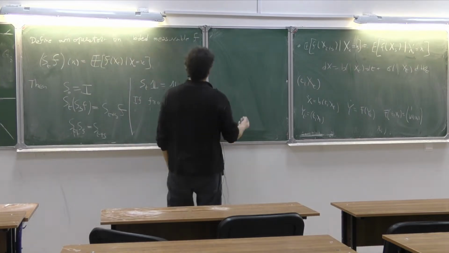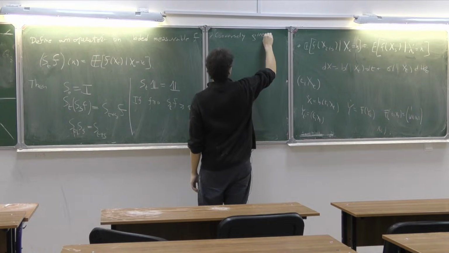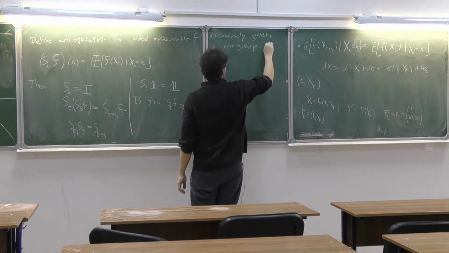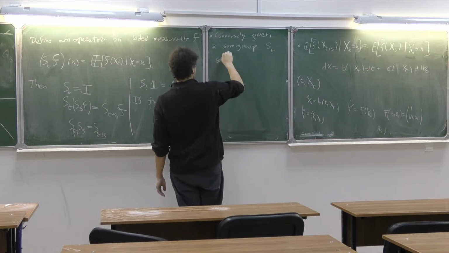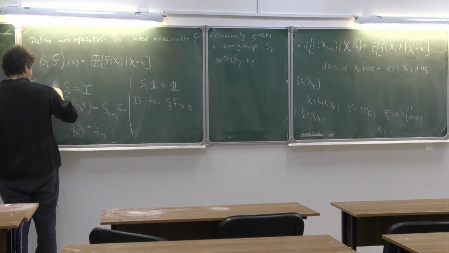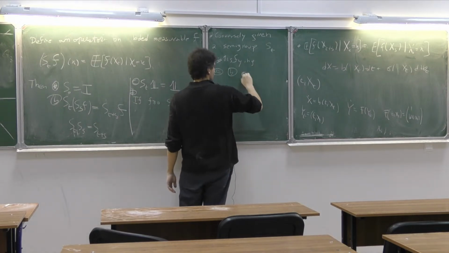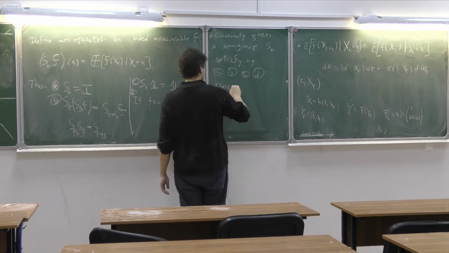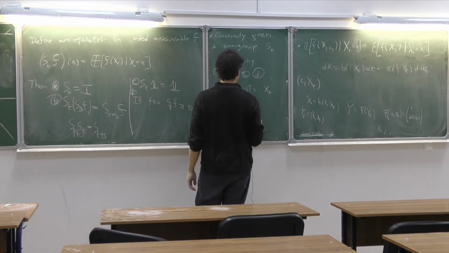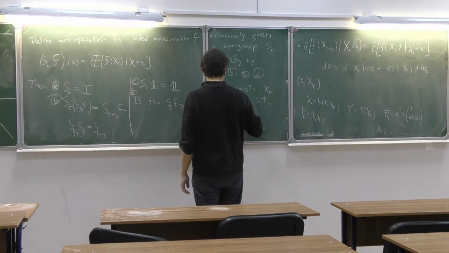So conversely, given a semigroup S_t satisfying properties A, B, C, D, there exists X_t Markov such that S_t F is equal to the expected value of F of X_t.